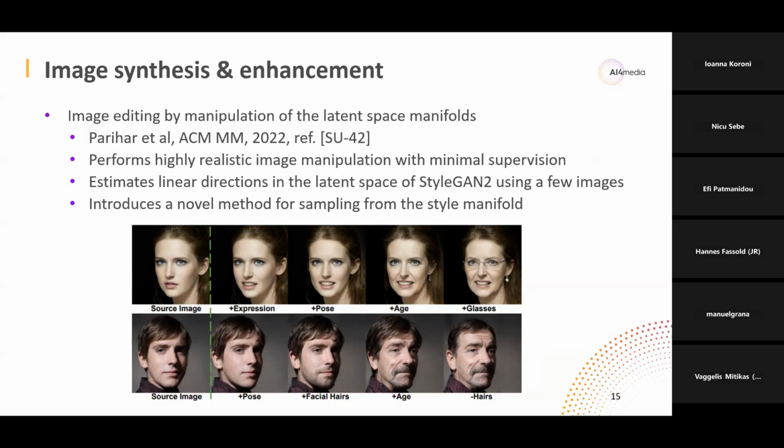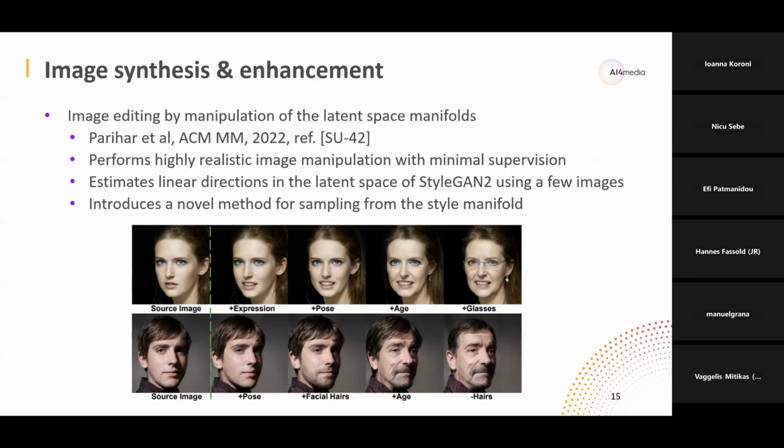And the way it works is that it basically estimates linear directions in the latent space manifold of the StyleGAN2 network just by using a few images. So sort of maybe a few-shot learning method. And it introduces also a novel and interesting method for sampling from this style manifold.